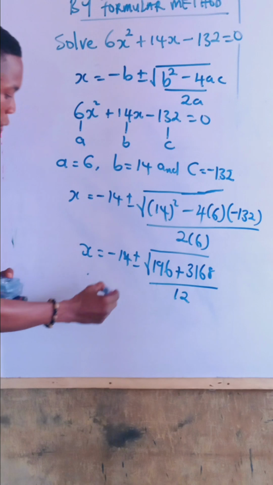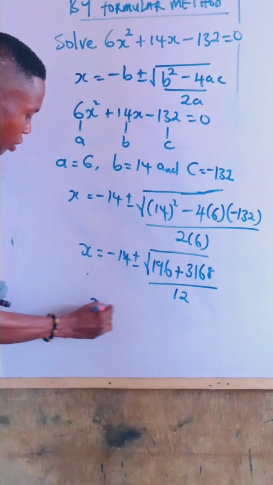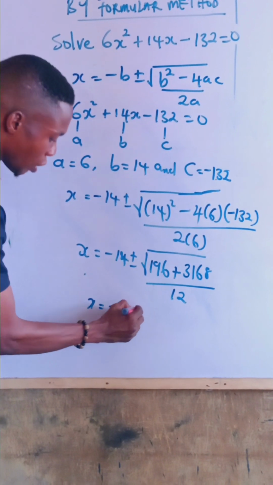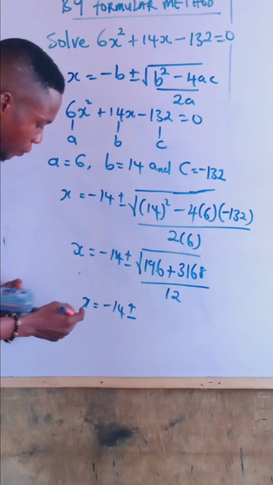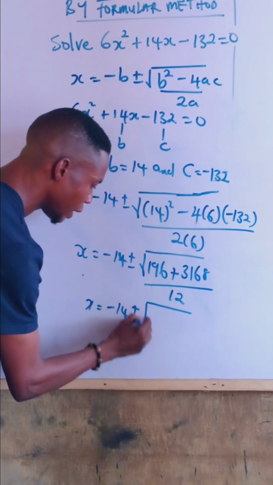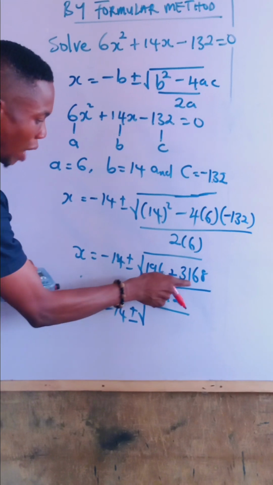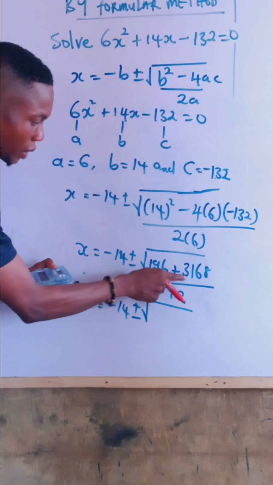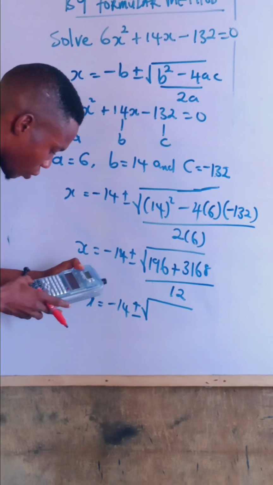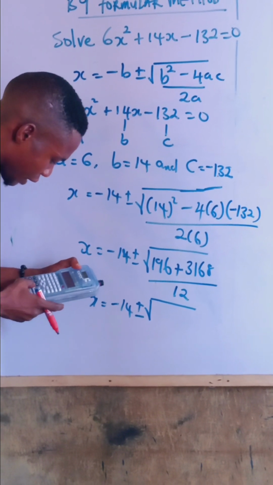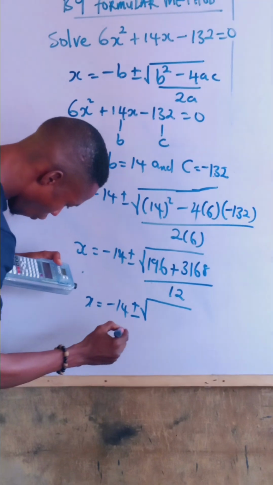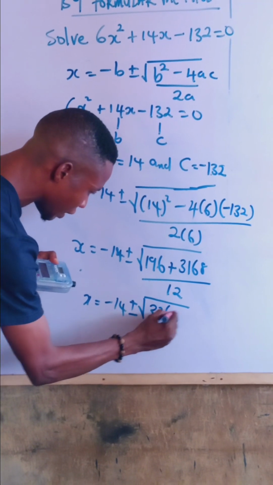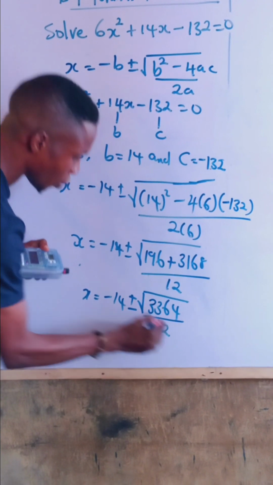Now, we are left with s is equal to minus 14 plus or minus square root. We are going to add these two together now. That is 196 plus 3168, we get 3364 all over 12.